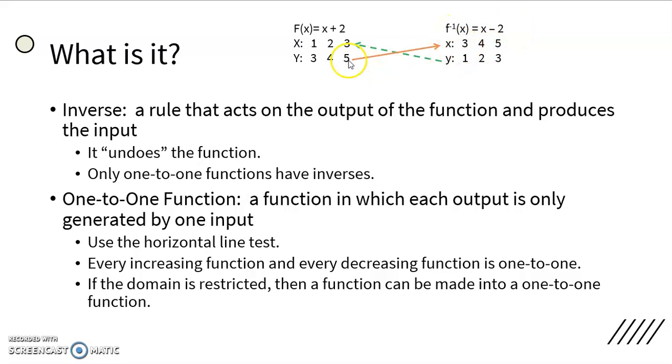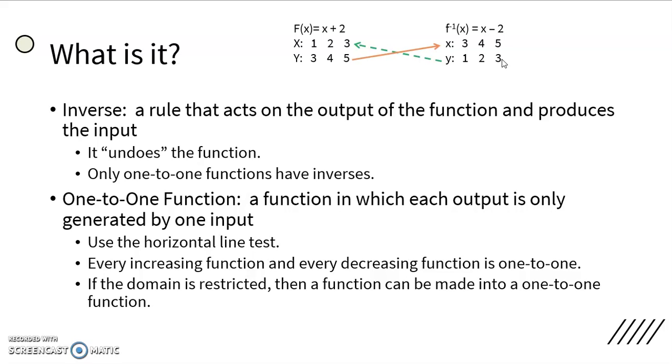So if I take these output values, 3, 4, and 5, and I put them into this function, it will get me 1, 2, and 3, which were the input values of this. So this function, f inverse of x, undoes the x plus 2. It is the inverse of it. If I take these outputs and put them into this function, it will tell me what the input values were.